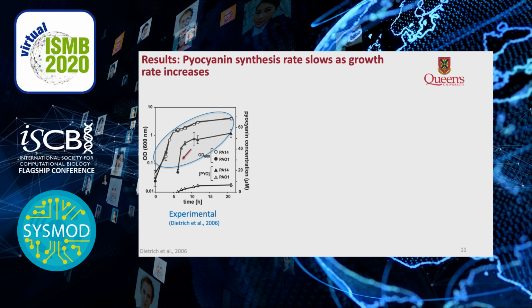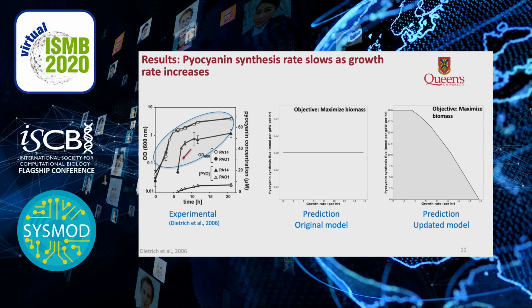This can be visualized within the highlighted oval in the figure. When we performed the simulations using the original model, it could not predict pyocyanin synthesis at different growth rates, whereas the new model was able to qualitatively predict that as the growth rate increases, pyocyanin synthesis rate slows down.